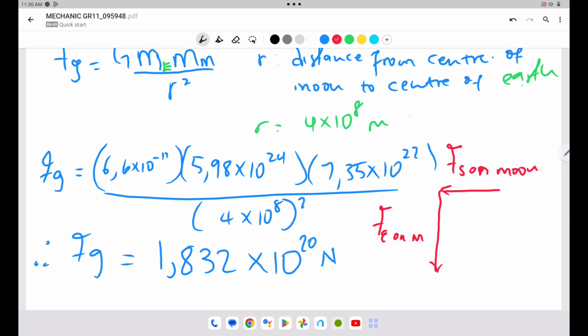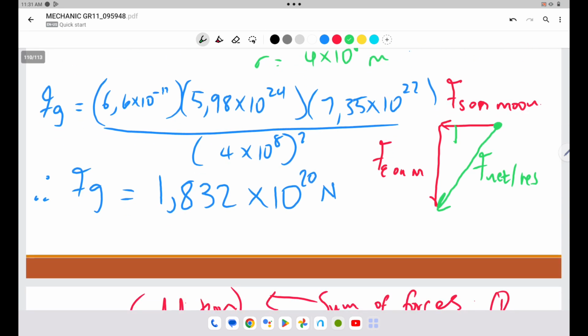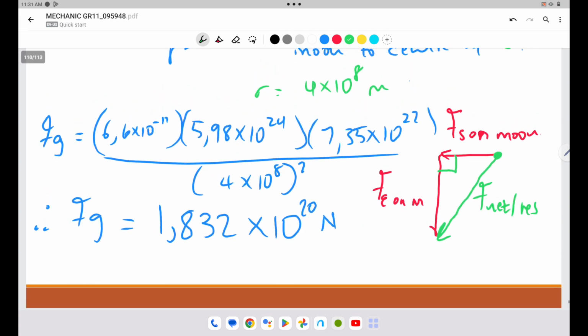Remember, if I want to add them together, the resultant will be from the tail of the first vector drawn to the head of the last vector drawn. This will be the resultant force, which is F net, or you can call it F resultant or F res. Okay, so what we know is that these two are perpendicular to each other.